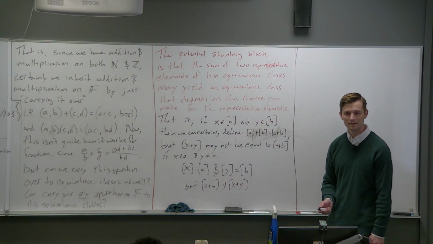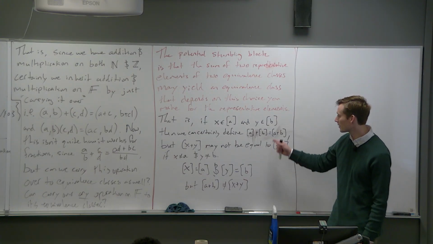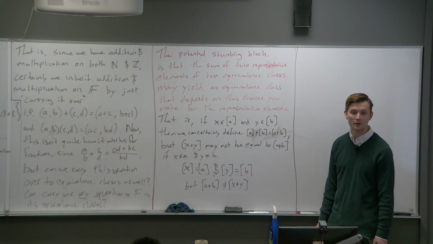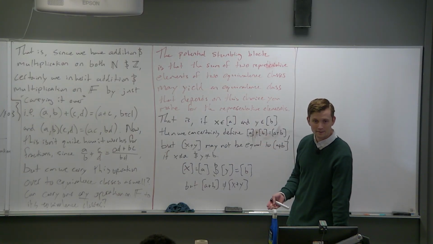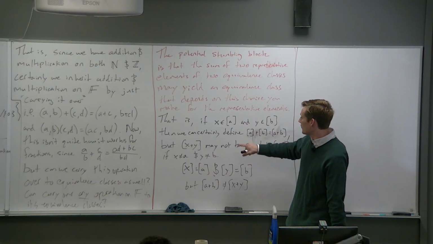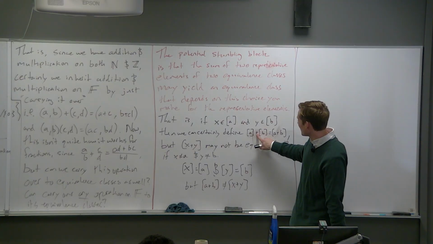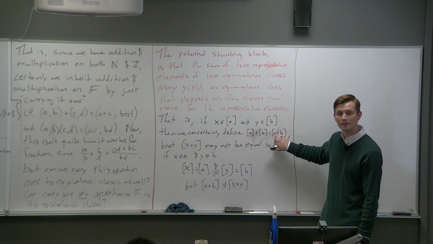Does that make sense? It could be the case that which equivalence class you get back depends on your choice of representative elements for each equivalence class. That is, if you're trying to define an addition on the equivalence classes of a set under some relation, the problem that comes up is that if you're just using the addition that you have on the original set without the equivalence classes, like without the relation, right?